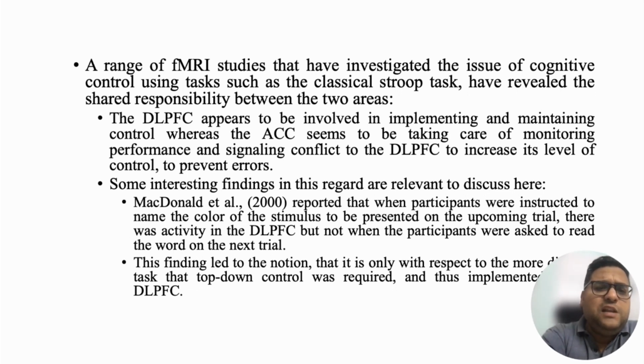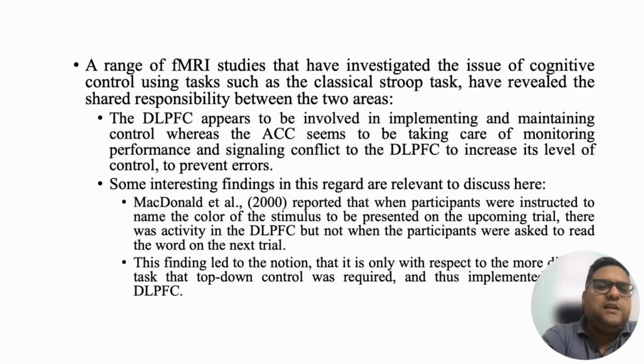Now, the DLPFC actually appears to be involved in implementing and maintaining control, whereas the anterior cingulate cortex seems to be taking care of monitoring performance and signaling the conflict to the DLPFC so that it can increase its level of control to avoid any kinds of errors.